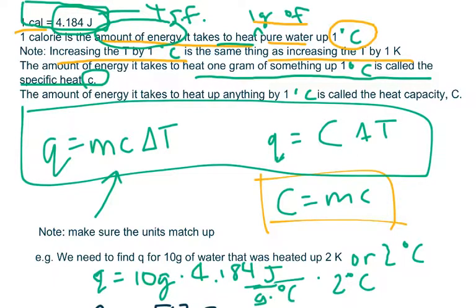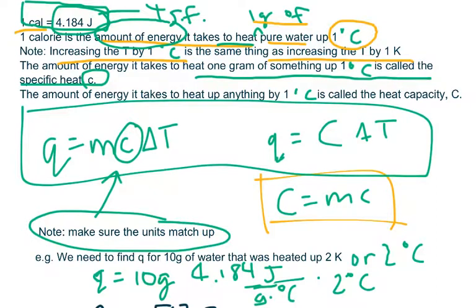This equation tells us that if we multiply the specific heat c by the mass of the object in grams, and the change in temperature in degrees Celsius, then we will get the amount of heat that has been exchanged.